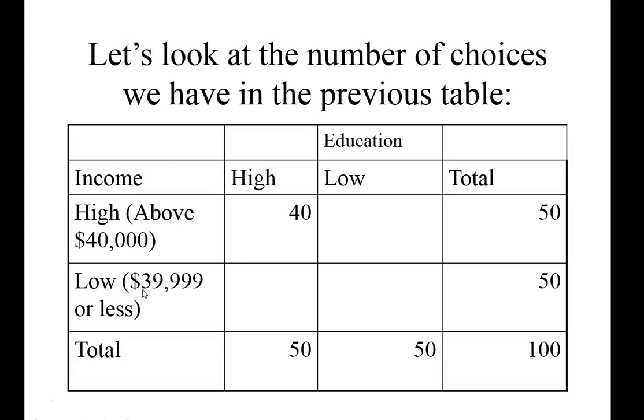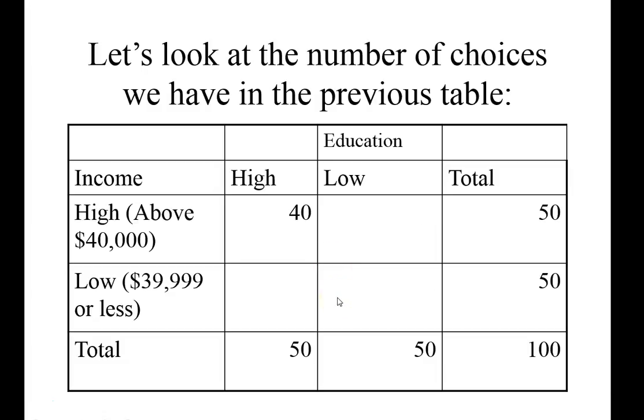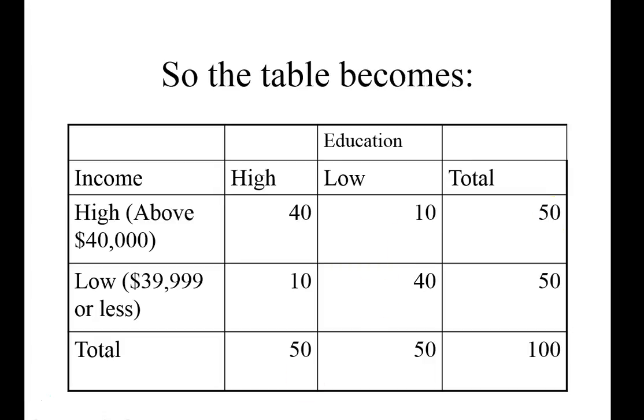Okay, let's look at the number of choices we have in the previous table. So the table becomes this. Here we know that this is going to total to 50, so you can guess that that's going to be 10. And here again, the total over here is going to total to 50. So if we fill that in, look what we have.